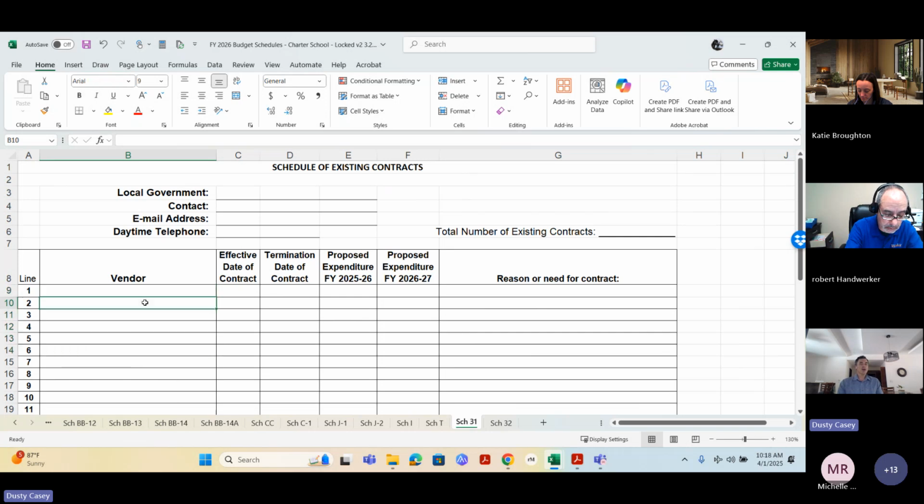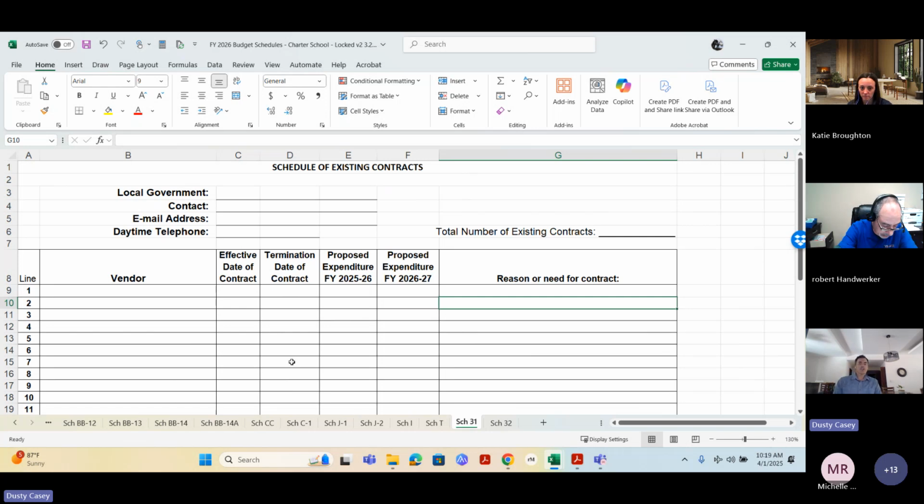So these on Schedule 31 are for those that offer services that aren't similar to what a school district would already have in-house. So you're going to list those contracts here and the reason that you need them.